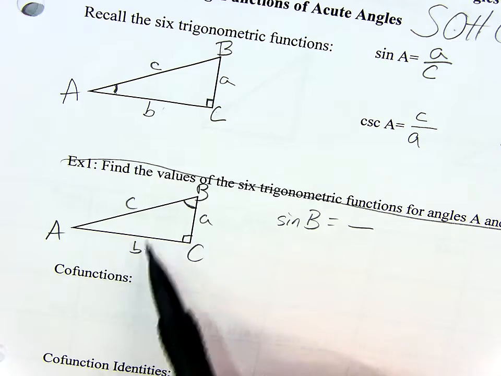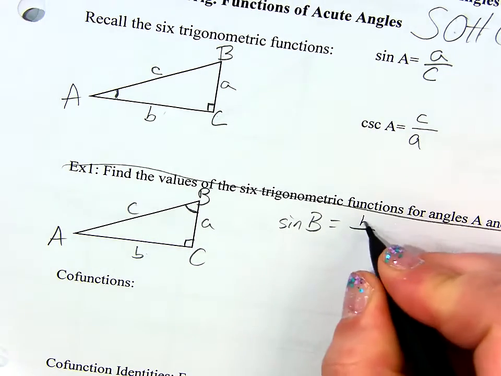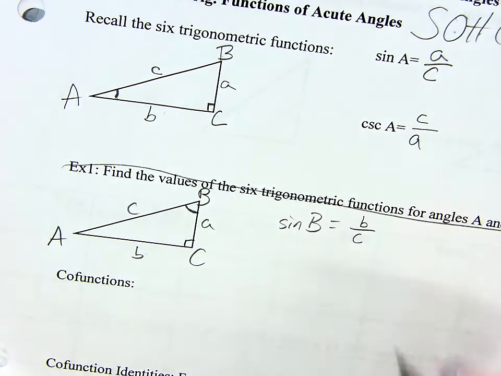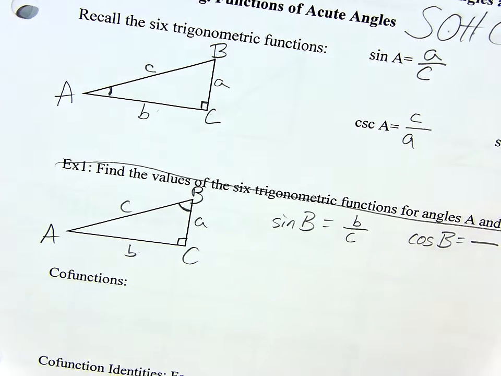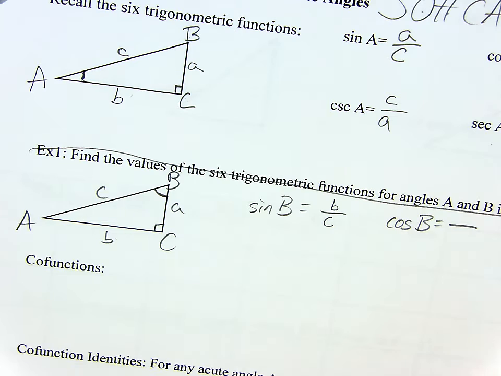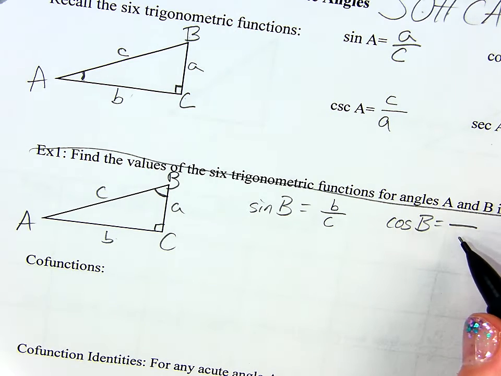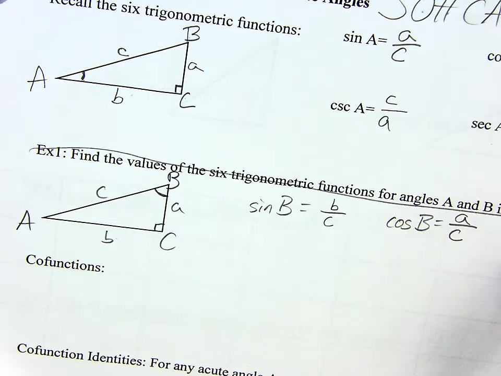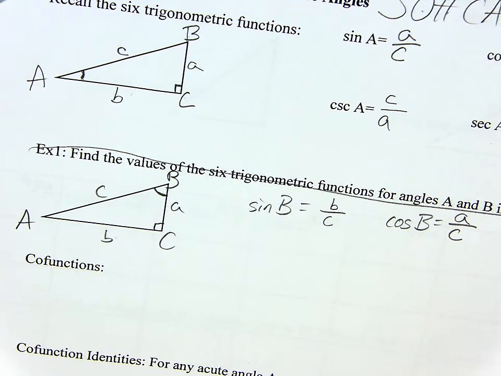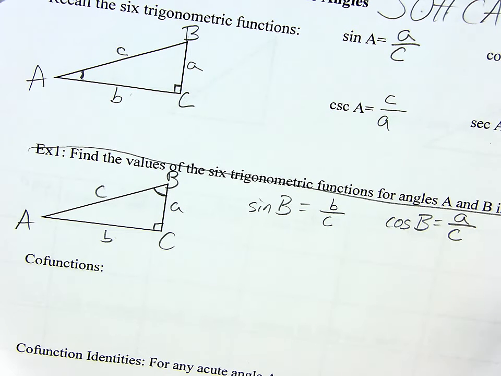Opposite would be B, hypotenuse is C. So B over C. Okay, let's do cosine of B. Cosine of B would be A over C. And then tangent, let's see, opposite over adjacent would be B over A.